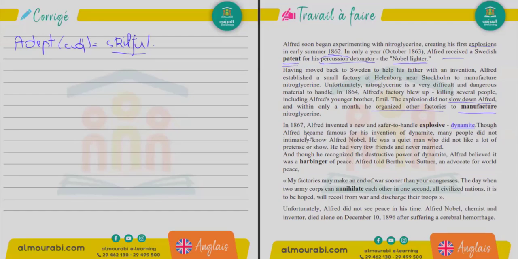Alfred told Bertha von Suttner, an advocate for world peace, my factories may make an end of war sooner than your congresses, the day when two army corps can annihilate each other in 1 second. All civilized nations, it is to be hoped, will recoil from war and discharge their troops.